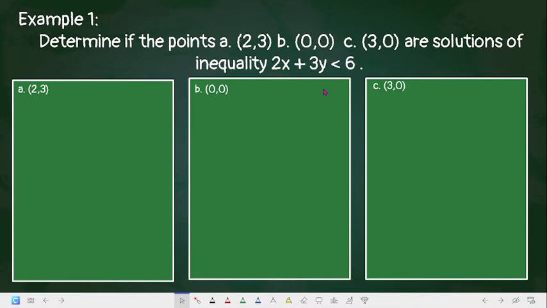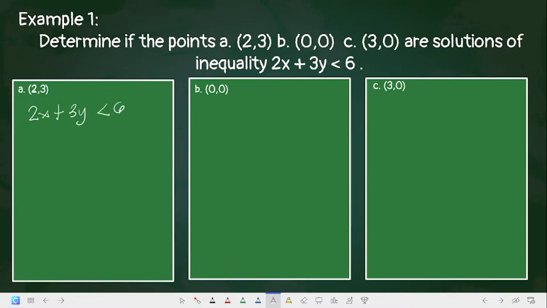Let's now solve. For letter A, (2, 3), we copy the given, 2x plus 3y less than 6.